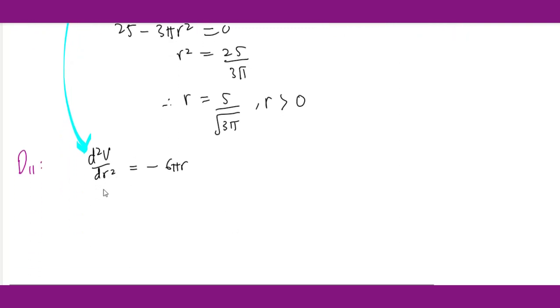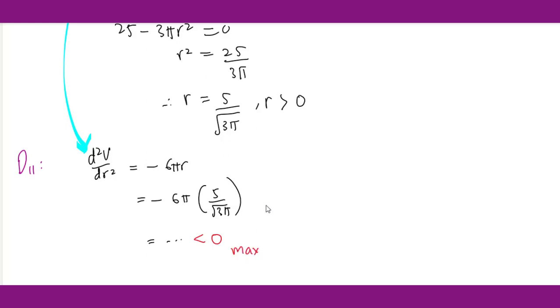And substitute negative 6 pi times 5 over root 3 pi, and the answer is supposed to be negative, less than 0. When it is less than 0 it means the stationary point is a maximum.